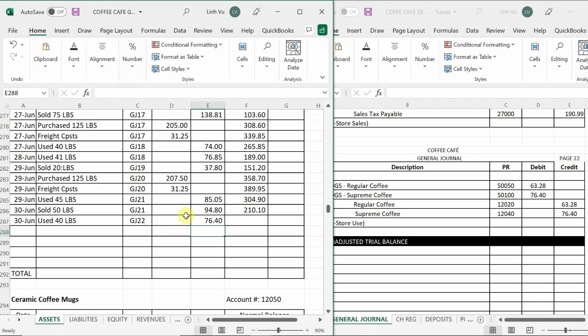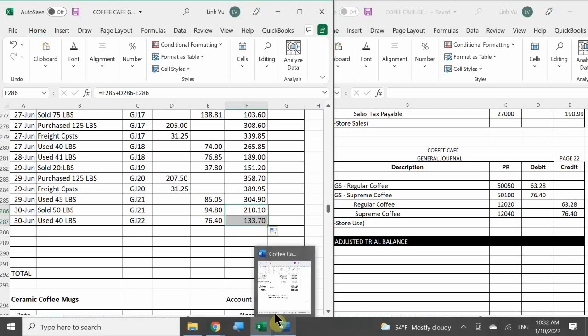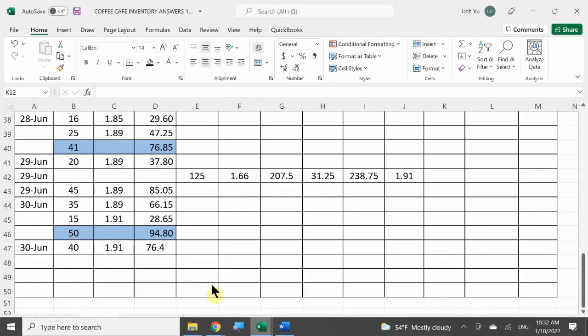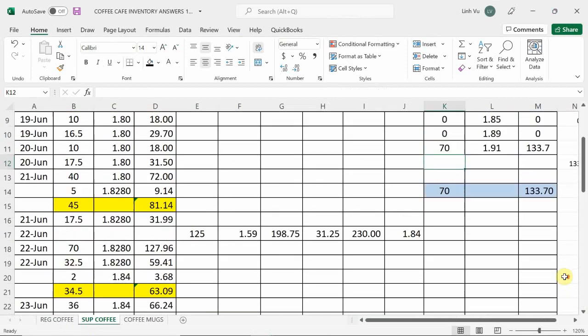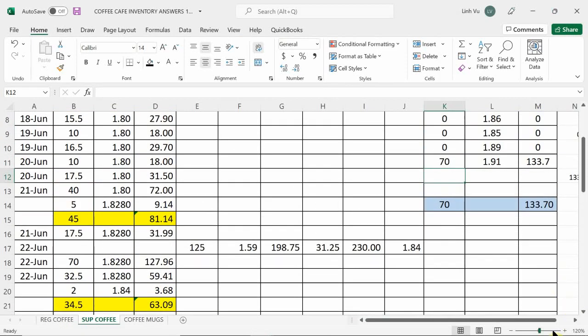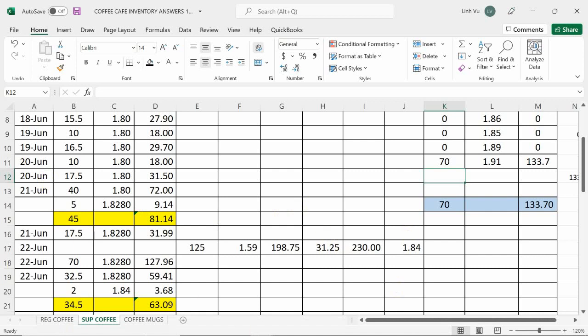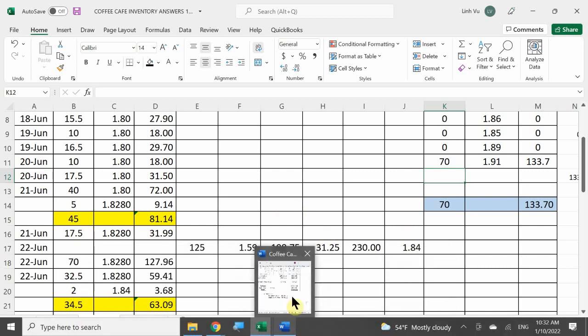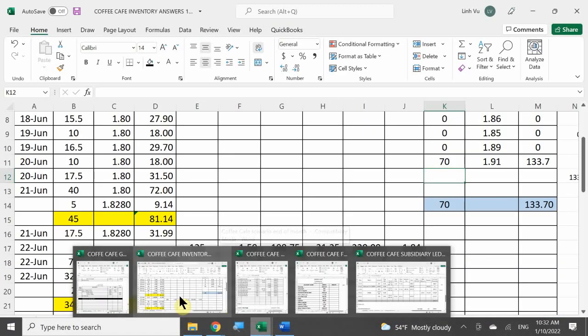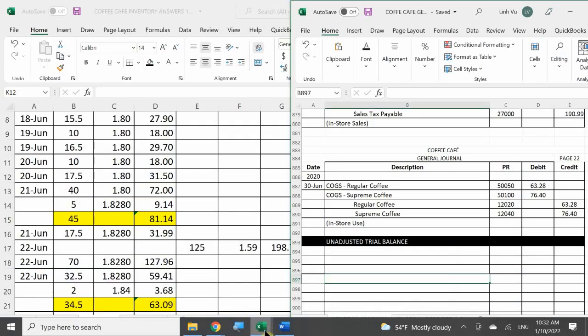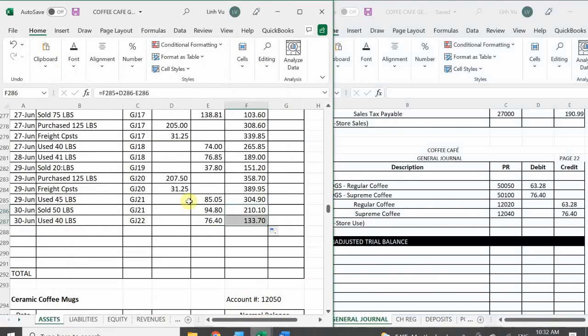So how much is left? 133.70, which yes, it should match your inventory on hand in your worksheet. So there you go. Everything came out even.